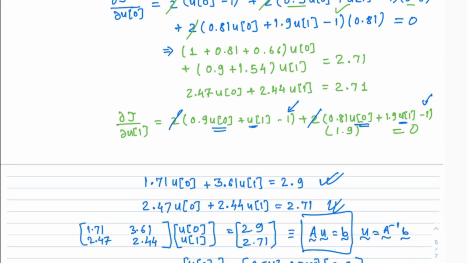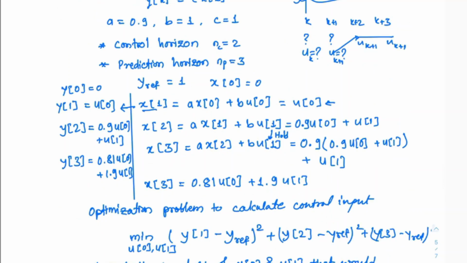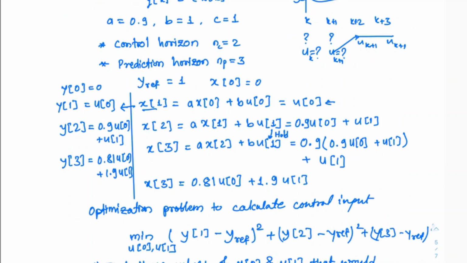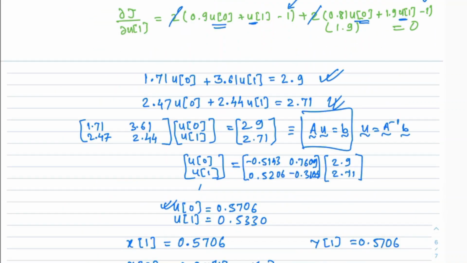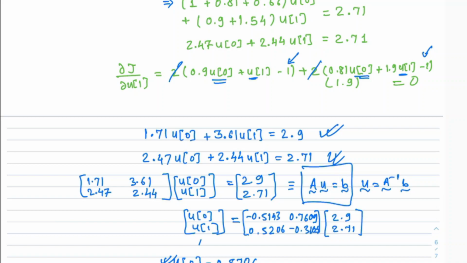So a linear system, something like this given here in state space form, along with a quadratic objective function like minimization of some squared error problem, would essentially result in a solution of the form u equals A inverse B. That means if you already know your system, you can pre-compute the coefficients of A and pre-compute its inverse, and in implementation you can just take the feedback, put it into that vector B, and multiply it with A inverse to obtain your control input.